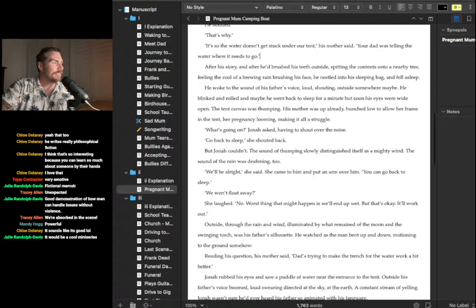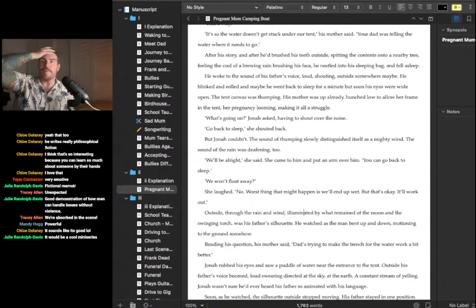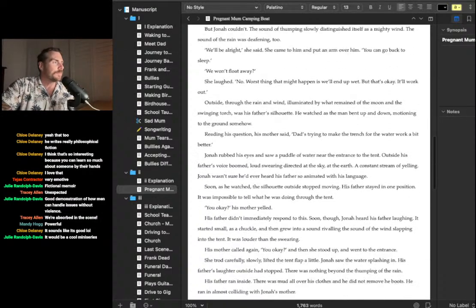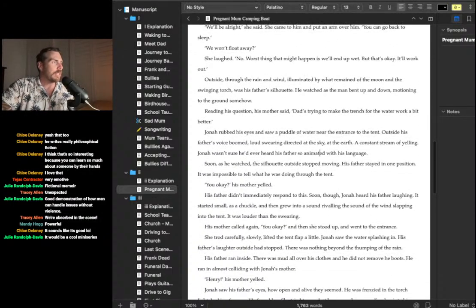I originally just had him get angry and then storm off in anger, right? But then I asked myself, what's a more interesting version of this scene? So this is where he's swearing, right? Loud swearing, directed at the sky, at the earth.